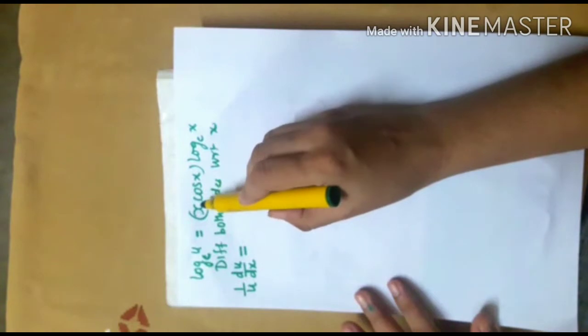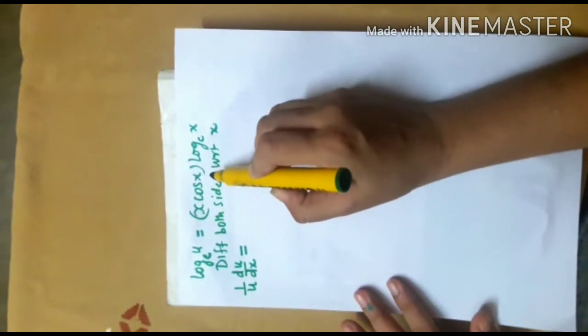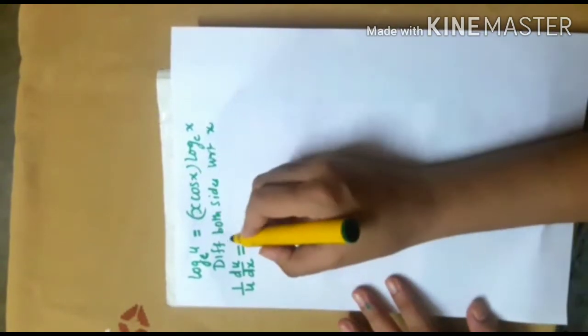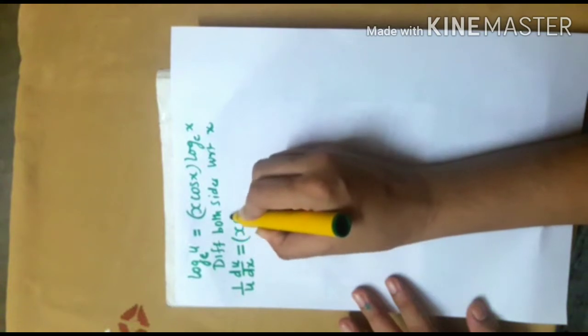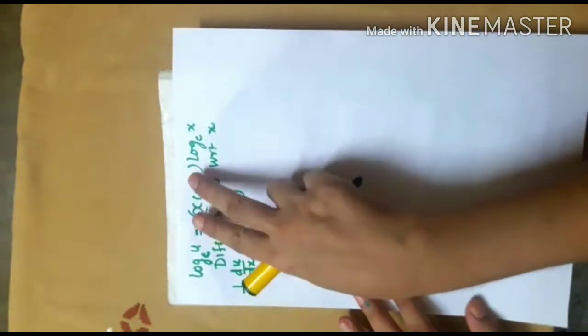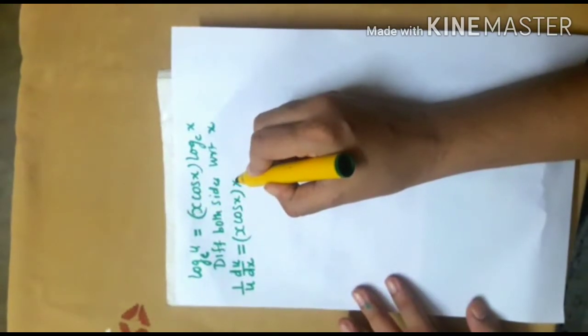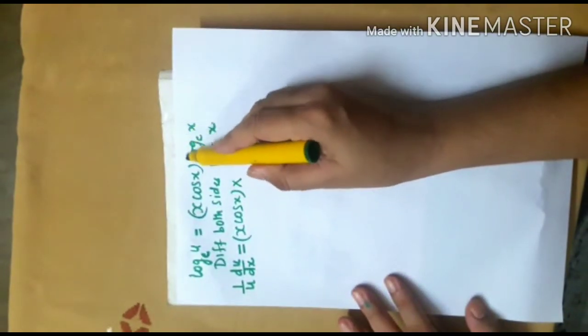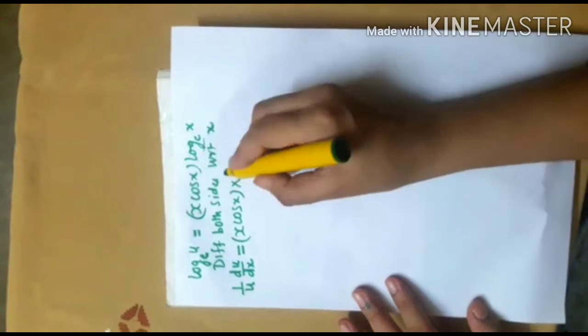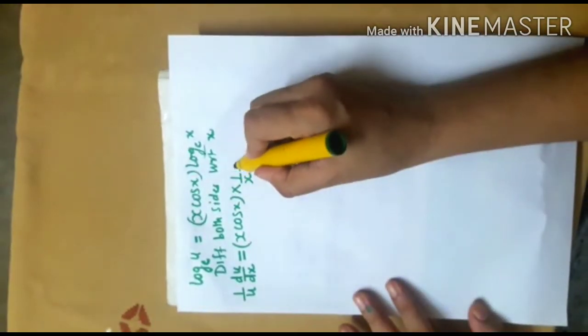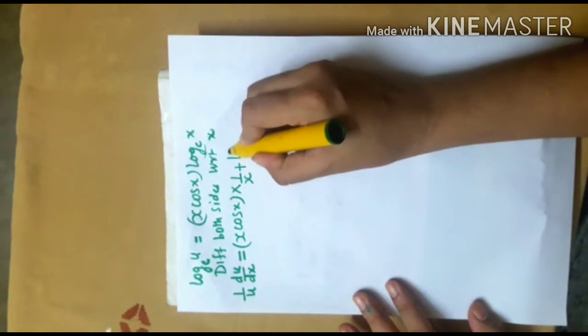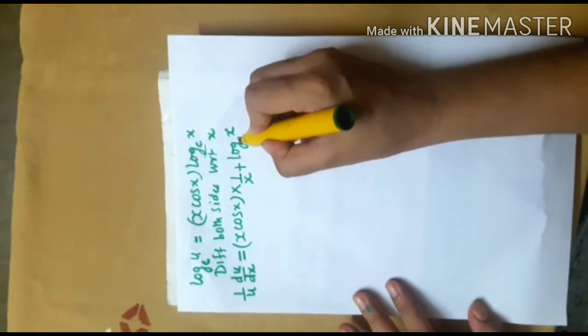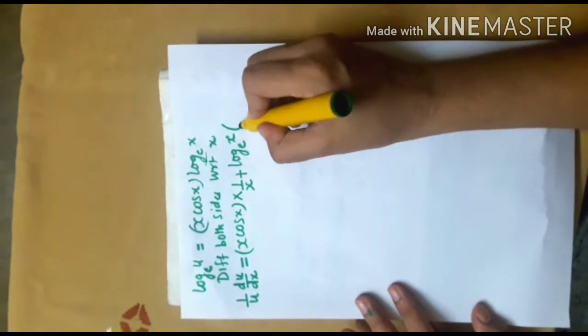So I will apply product rule. So first function, that is x cos x, I have regarded this as the first function, into derivative of the second function. So derivative of log x, which is 1 by x, plus second function, that is log x, into derivative of the first function.